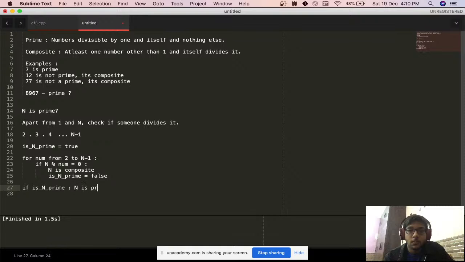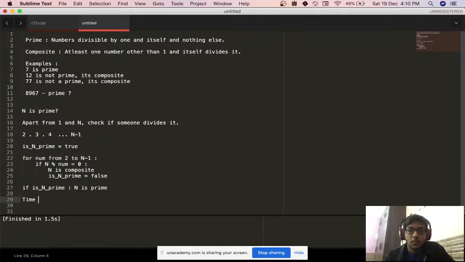So this is a pretty basic approach to determine if a number is prime or not. Even if somebody gives you the definition, this is the first thing you can come up with. You just simply check if any number divides it or not. That is all.